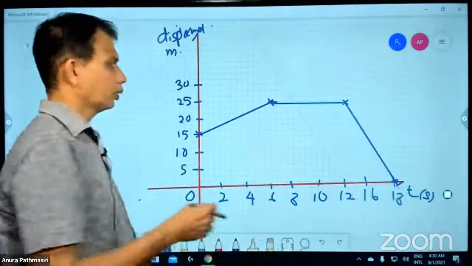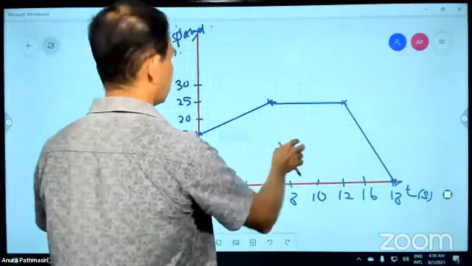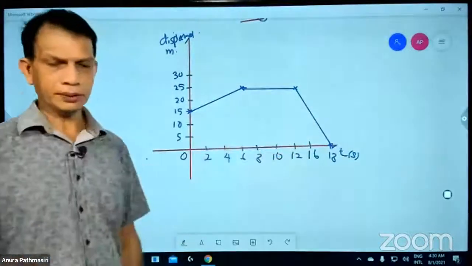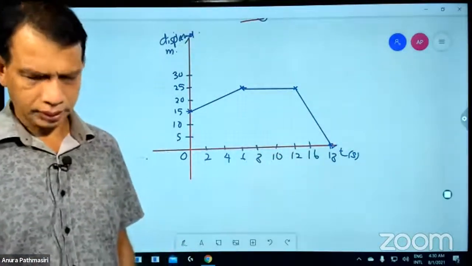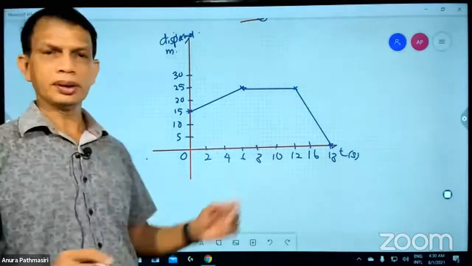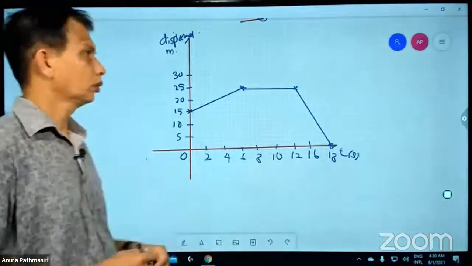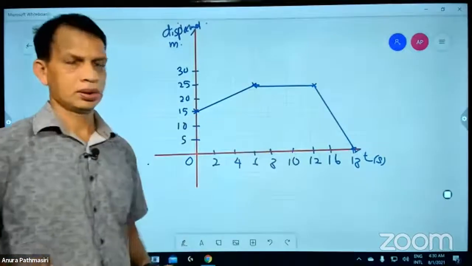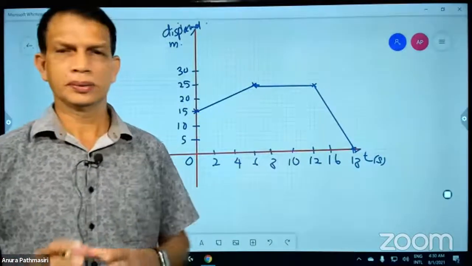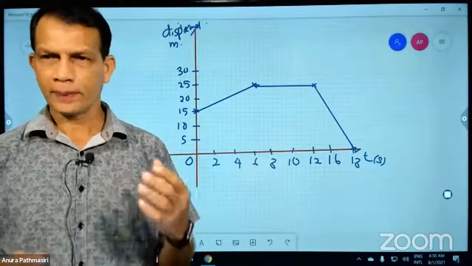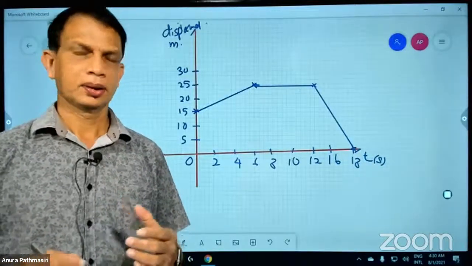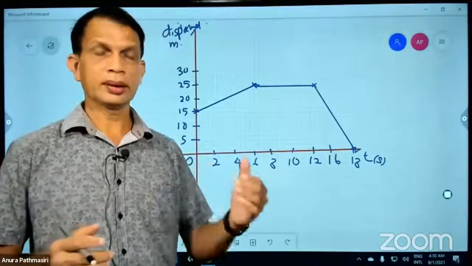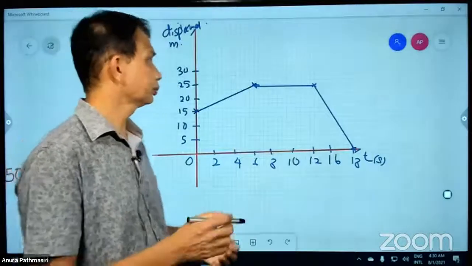Based on this only, we are going to discuss the question. Yeah, the very first question is, what is the initial displacement? What do you mean by initial? The start, the beginning. So what is the displacement at the initial position? Your answer?